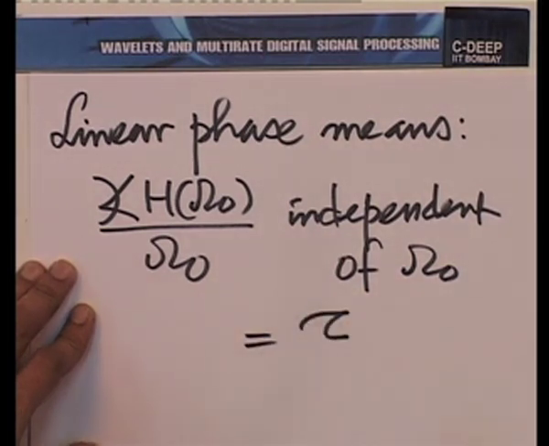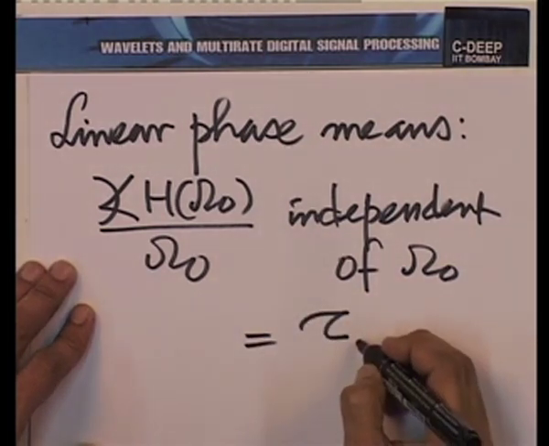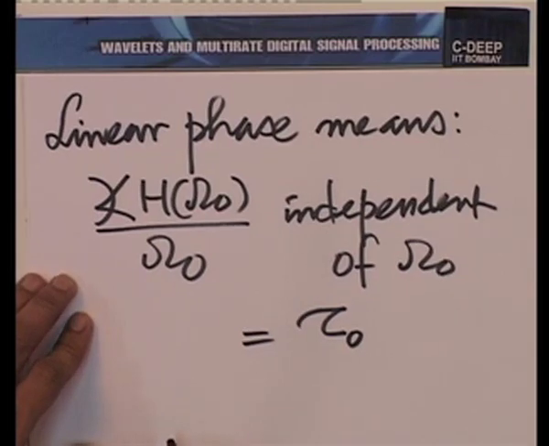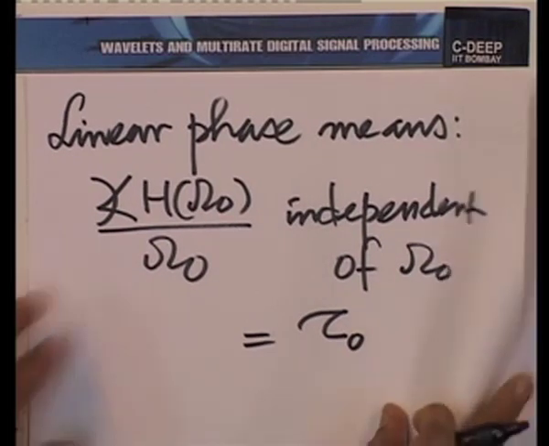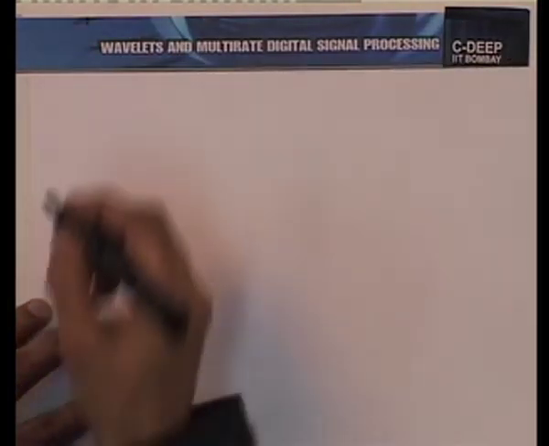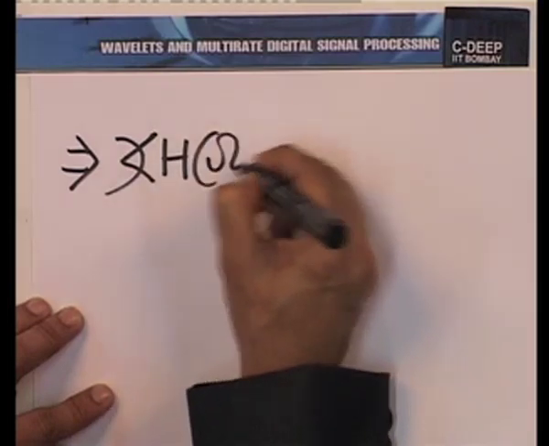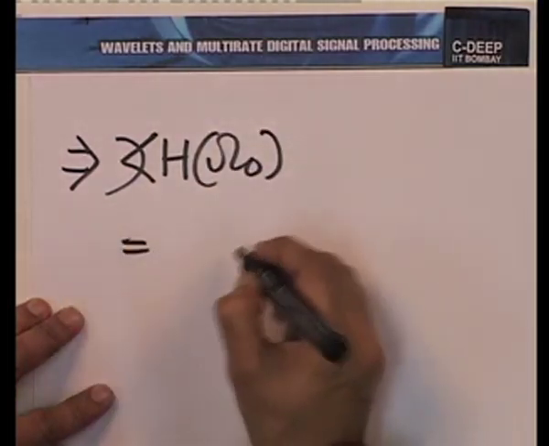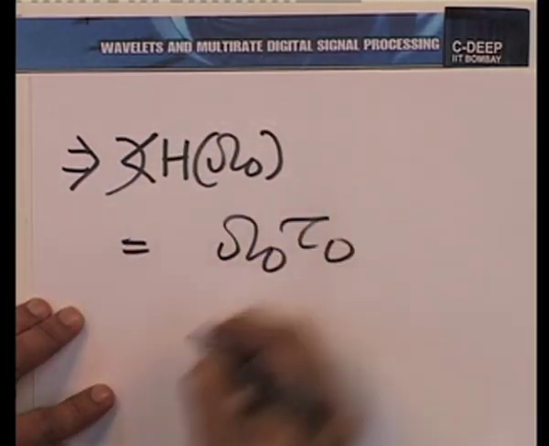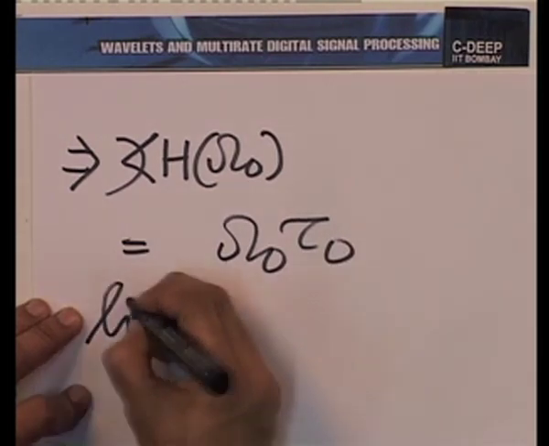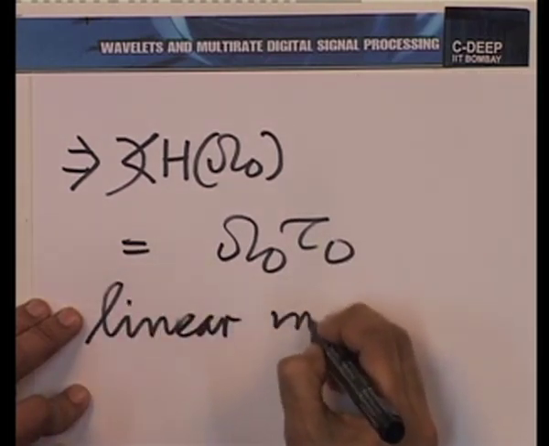Let us say it is some tau or tau naught if you like, which means that the angle of h omega naught is of the form some omega naught times tau naught. It is linear in omega naught.